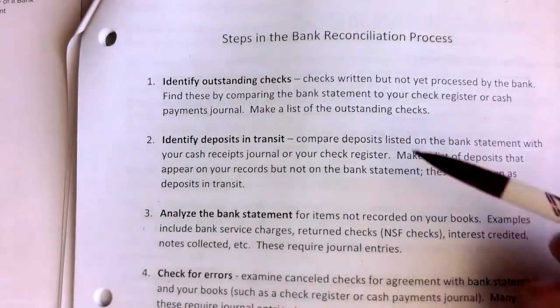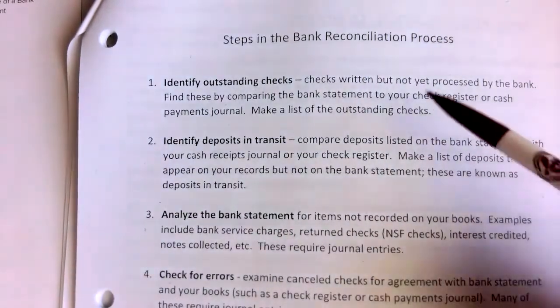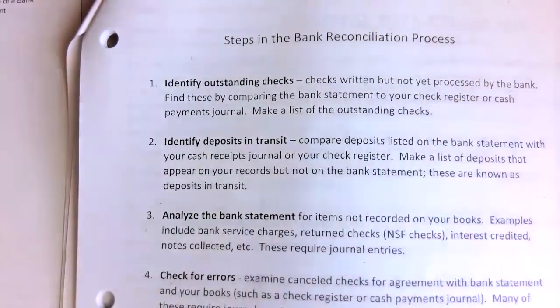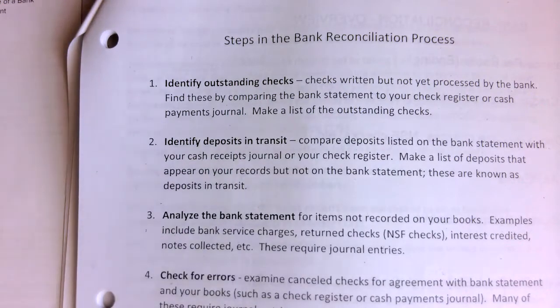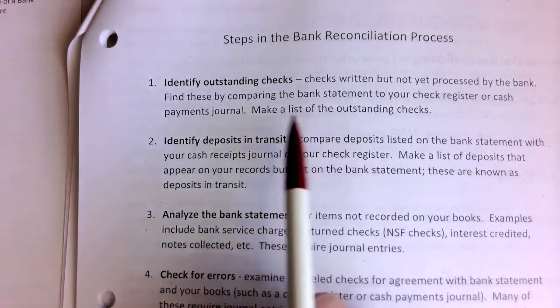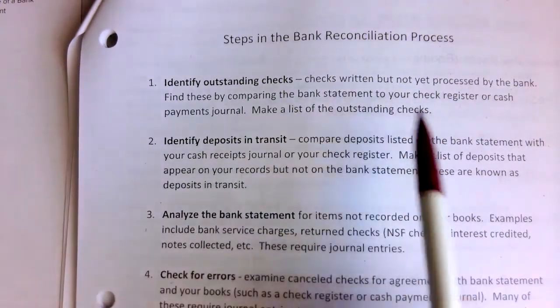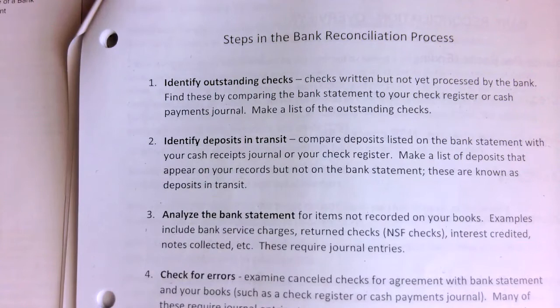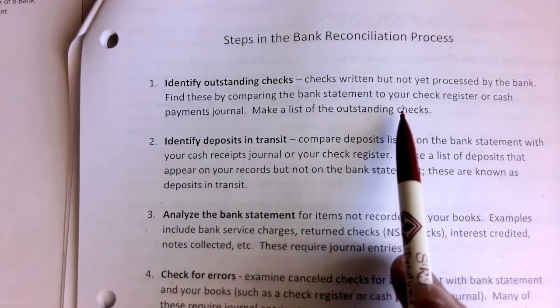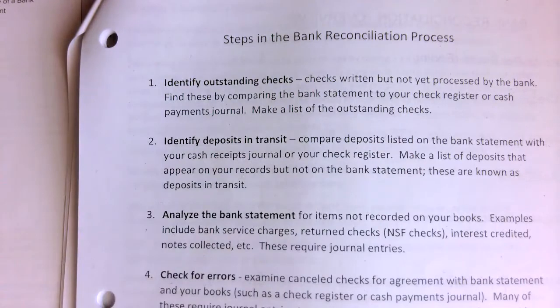So you got to go through your records of all the checks you wrote and compare those to the bank statement. So we'll go through and we'll put little check marks. Okay, this check cleared, this check cleared, this check cleared. So then we'll get down to the last few checks we wrote at the end of the month and we don't see them on the bank statement. So those are the outstanding checks. So you got to tally up how much those add up to and subtract those from the bank's balance because they've already been subtracted from our book balance, right? So subtract them from the bank balance.